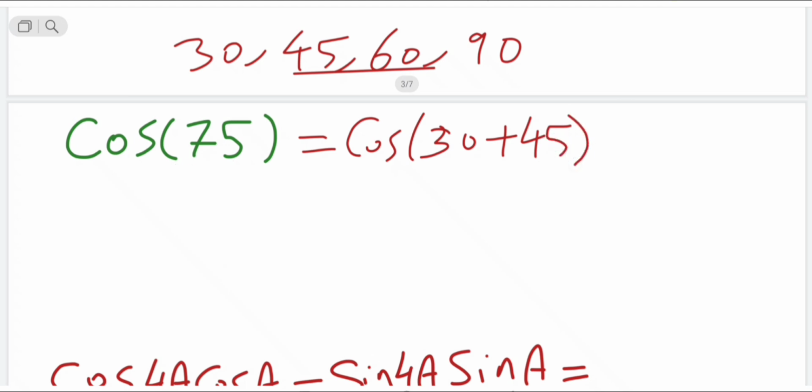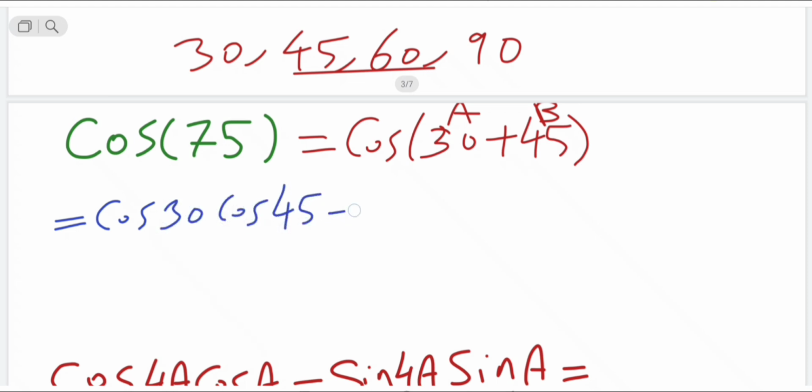So we will apply the cos formula for A plus B. What is the rule? cos A cos B minus sin A sin B. Then by using a calculator we can find the answer.